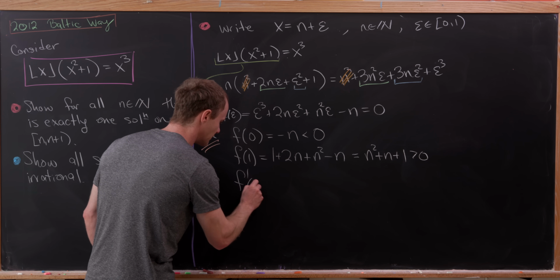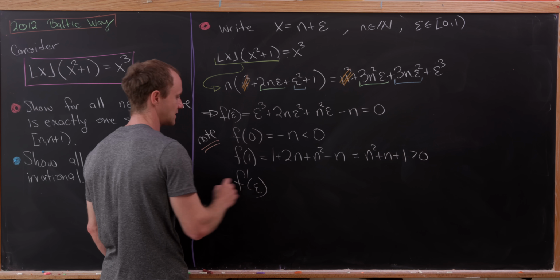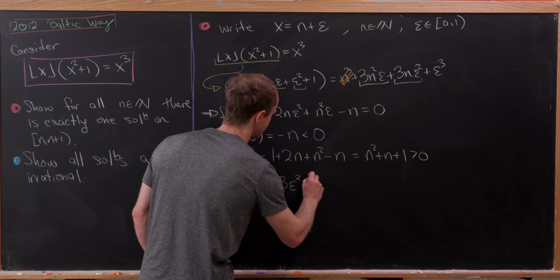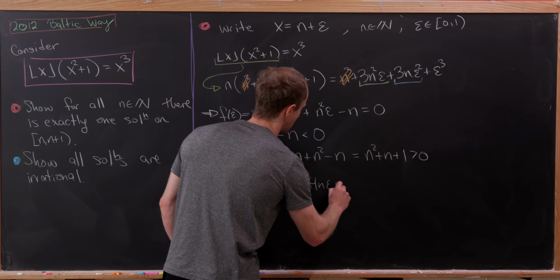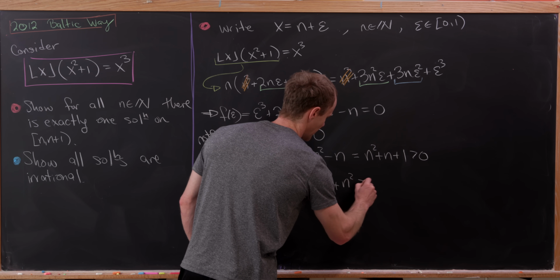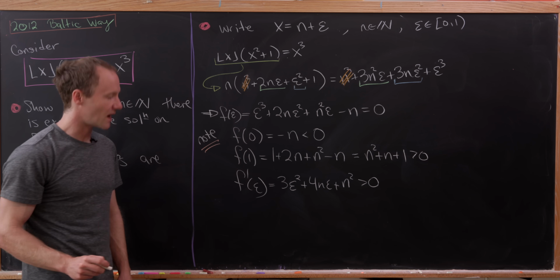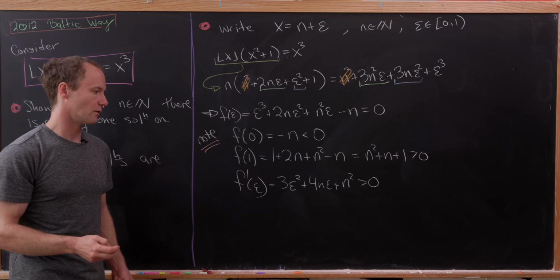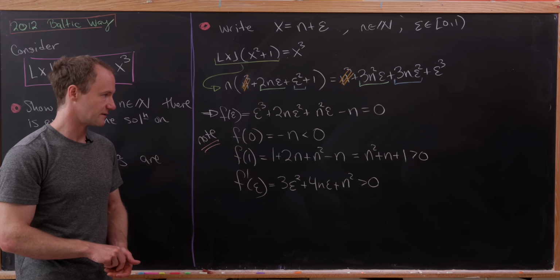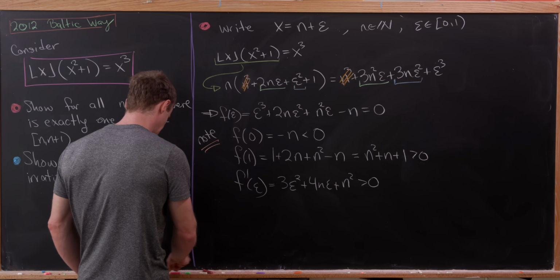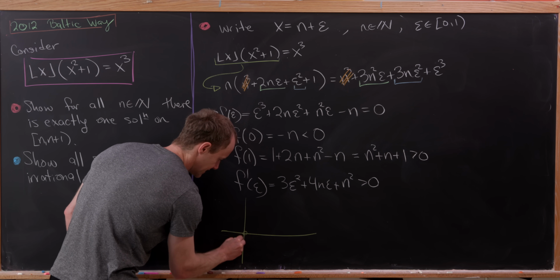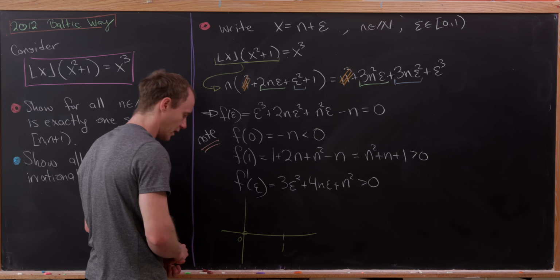We'll do that by looking at the derivative with respect to epsilon, which is of course equal to 3 epsilon squared plus 4n epsilon plus n squared. But that's clearly positive for all natural number values of n. So just as a little outline of what this looks like, let's say here is 0 and here is 1.